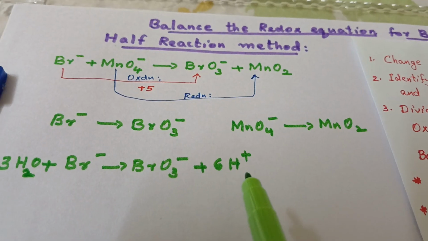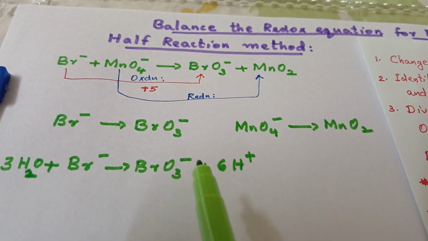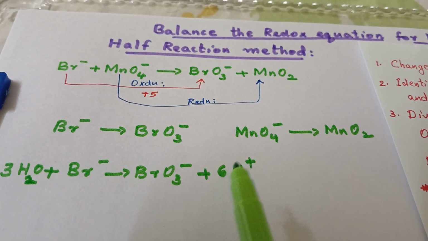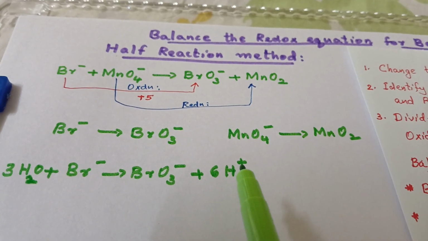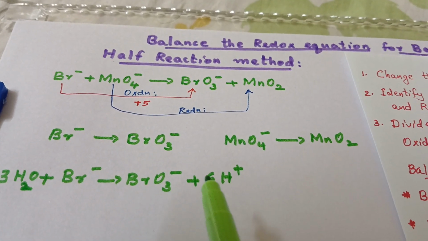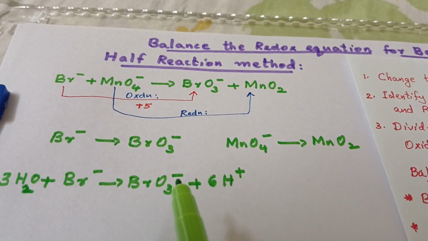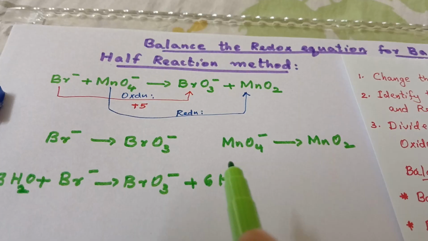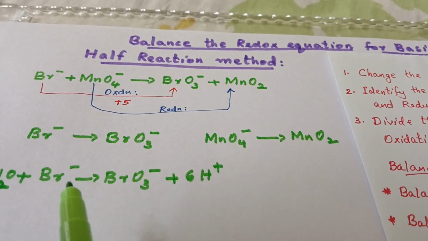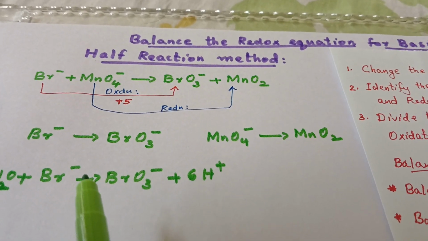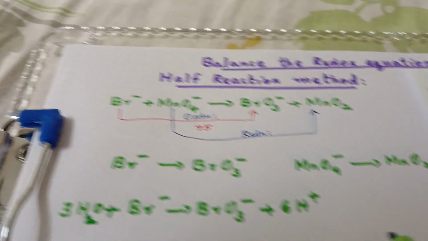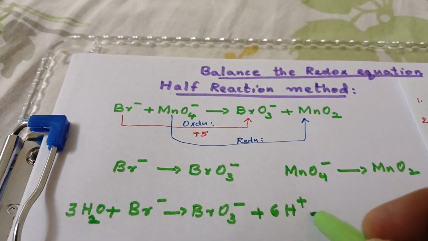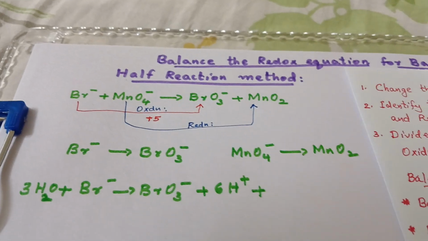And on the right hand side, we have 1 negative charge and 6 positive charges, 6 plus. So +6 and -1, we have a resultant of +5. And here we have -1.